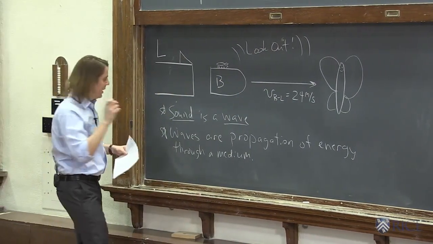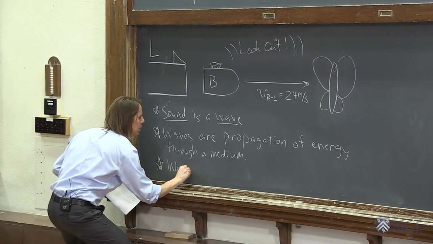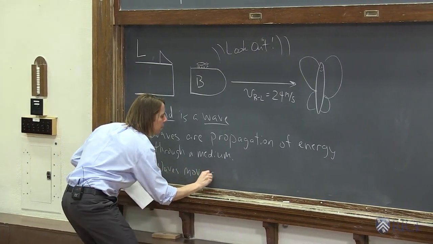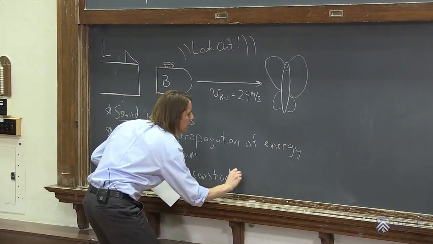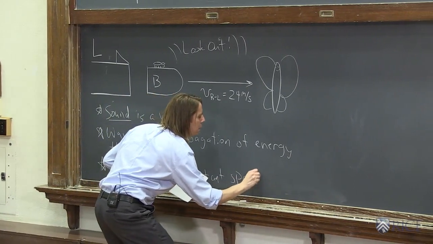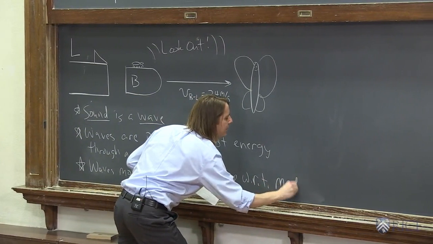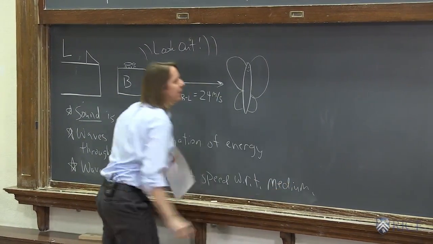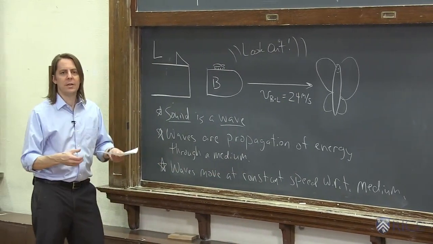And the other thing, what we really care about, is waves move at constant speed with respect to the medium. Each wave is a different kind of disturbance, and each wave has its own unique medium.